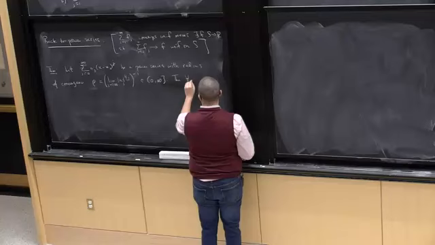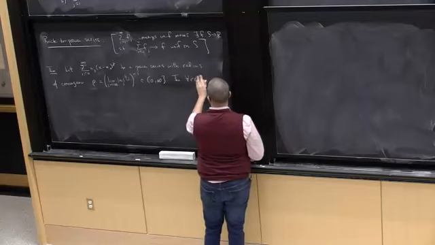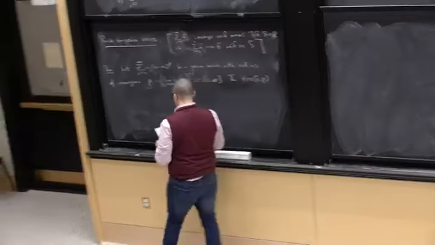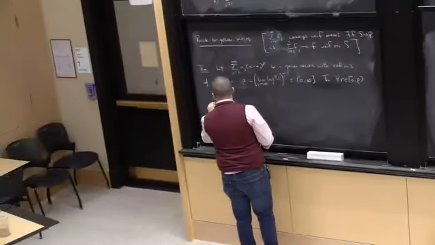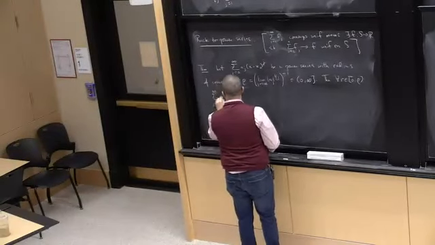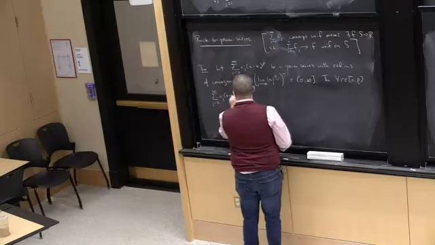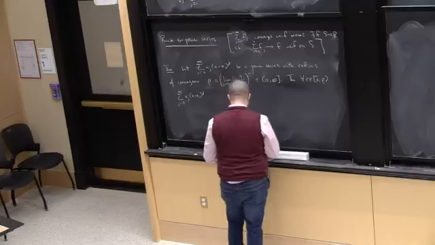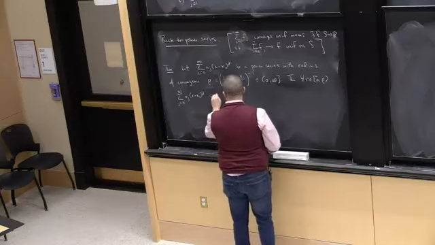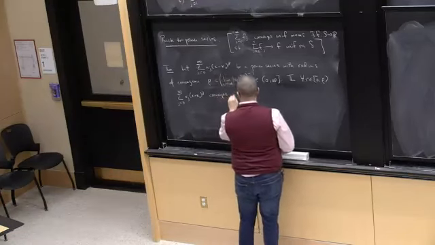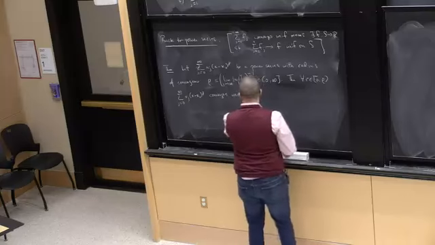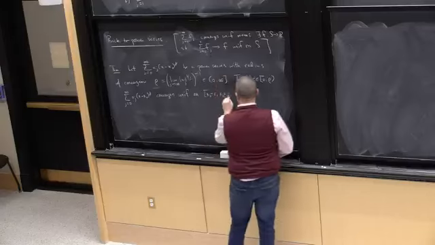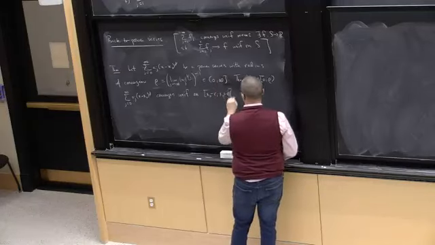Then for all r in (0, rho), this power series, now thought of as a series of functions of x, converges uniformly on [x_0 minus r, x_0 plus r].